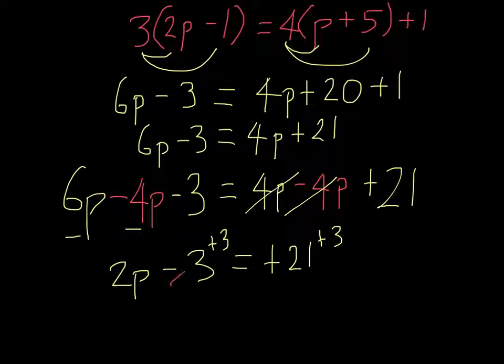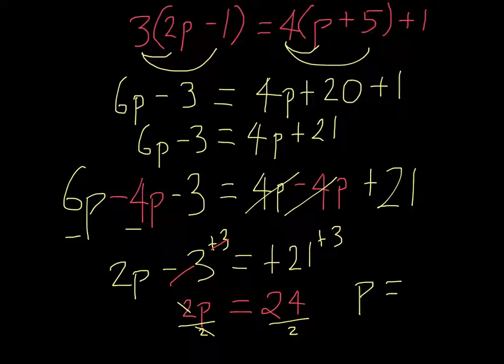Negative 3 add 3 gives us 0, so we're left with 2p. 21 plus 3 gives us 24. If we then divide both sides by 2 to leave p on its own, 24 divided by 2 is equal to 12. So therefore, we can see the answer is 12.